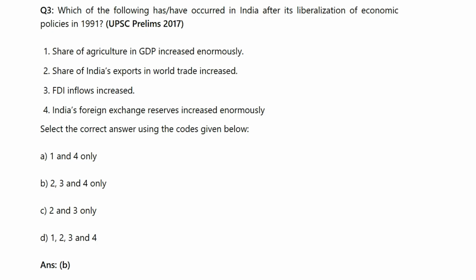FDI inflows increased. 4. India's foreign exchange reserves increased enormously. Select the correct answer using the codes given below. A. 1 and 4 only. B. 2, 3, and 4 only. C. 2 and 3 only. D. 1, 2, 3, and 4. Answer, B.